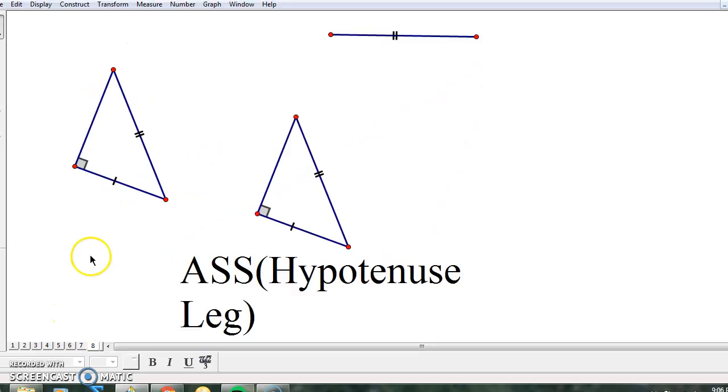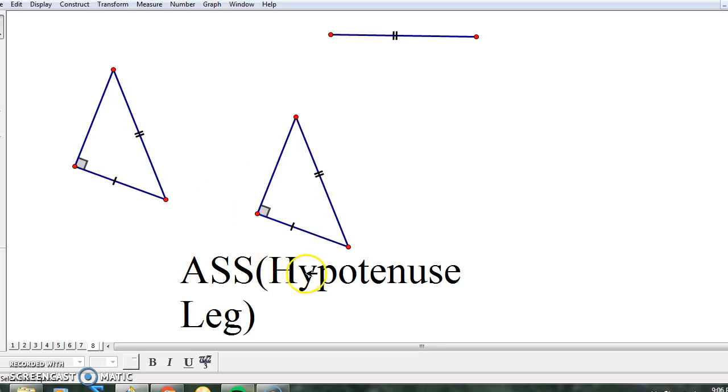This is one example that we talked about a while ago of two sides and a non-included angle. We said that it could not be determined that they'd be congruent. There is one exception to that rule, and that is when the angle right there is a right angle. Then they can be proved congruent.